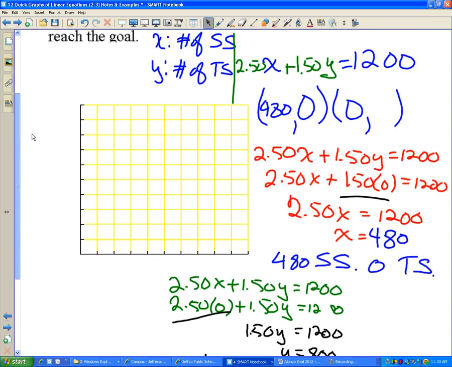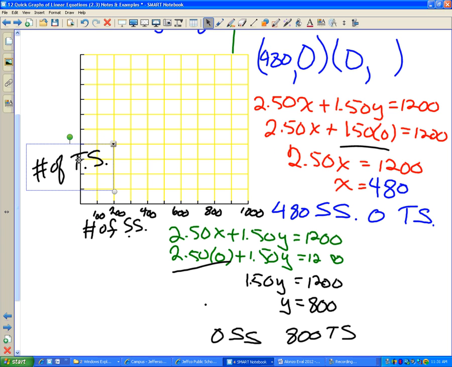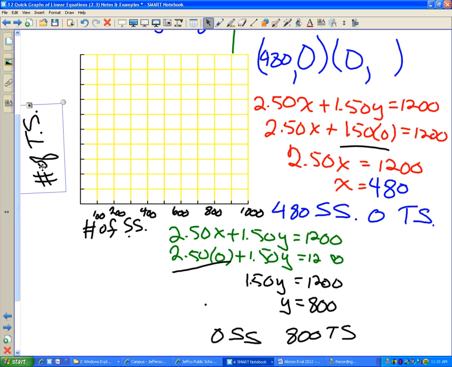So X was the number of sweatshirts, so I'm going to say this is the number of sweatshirts: 100, 200, 300, 400, 600, 800, 1,000. Over here is the number of t-shirts, and again, we're going to do 0, 200, 400, 600, 800, 1,000.